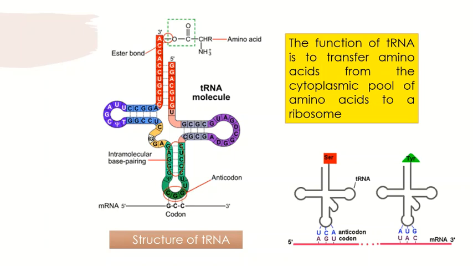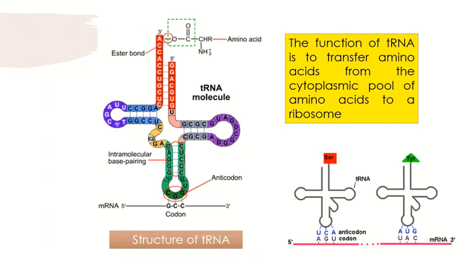The one with the red box is the tRNA that is carrying serine, and the one with the green box is the tRNA that is carrying tyrosine. Notice that the serine tRNA attaches at the codon AGU. And what is the anticodon? The anticodon is the codon that is carried by the tRNA.